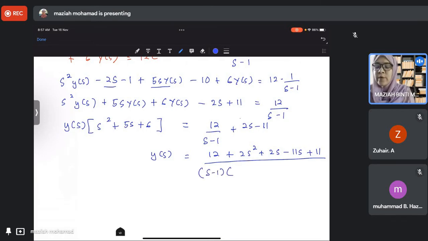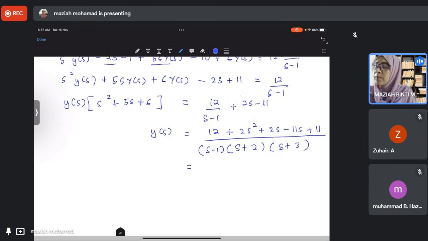If you're going to factor s square plus 5s plus 6, 3 times 2, okay, s plus 2, s plus 3. So going to leave us with 2s square minus 9s.